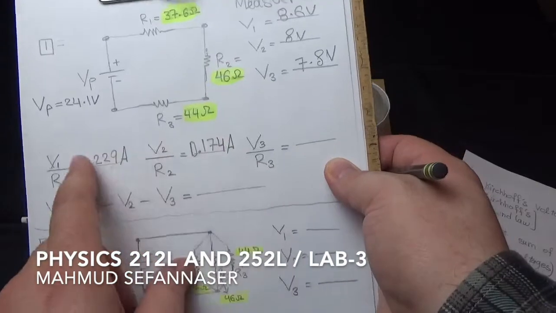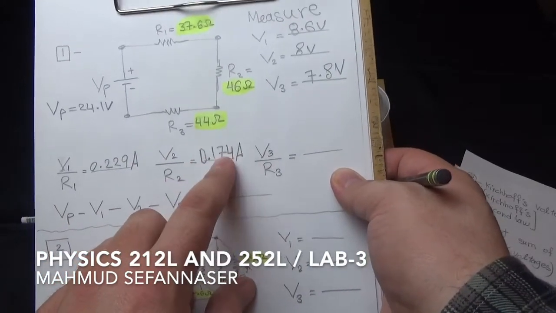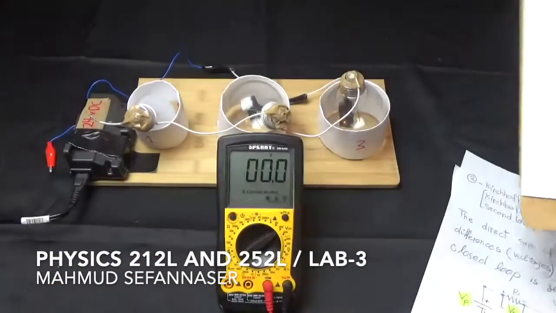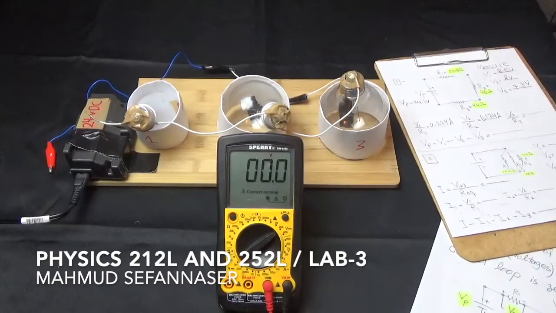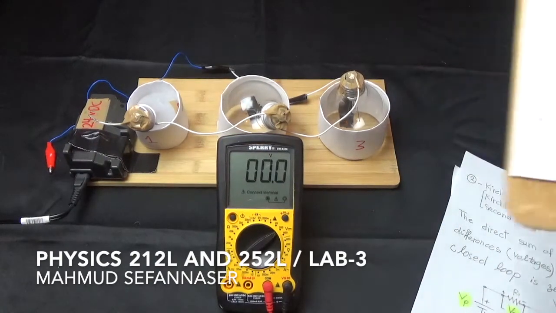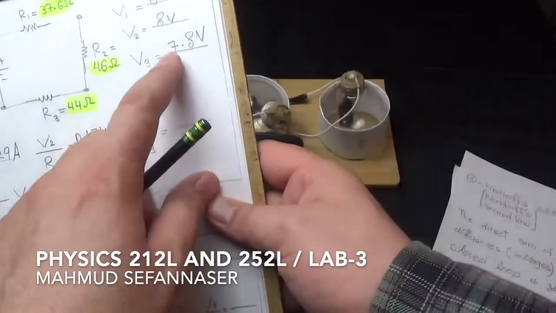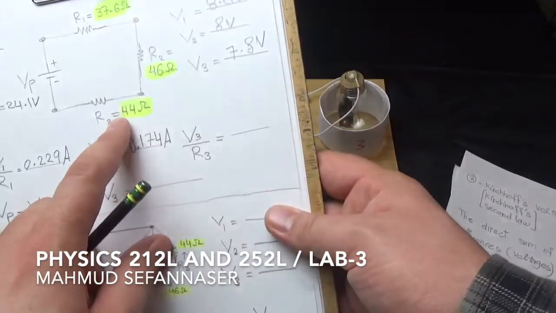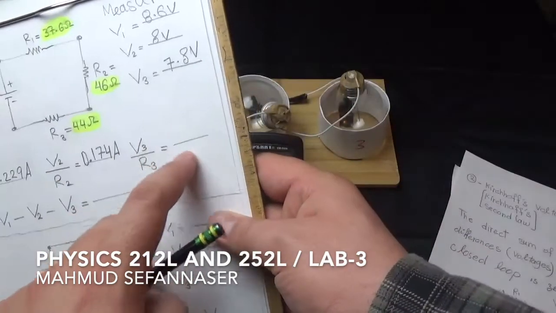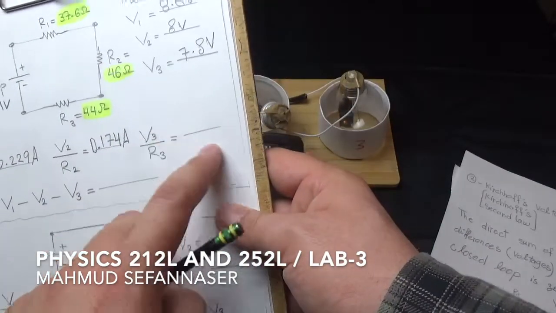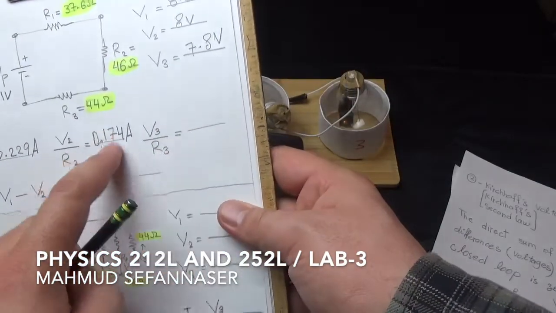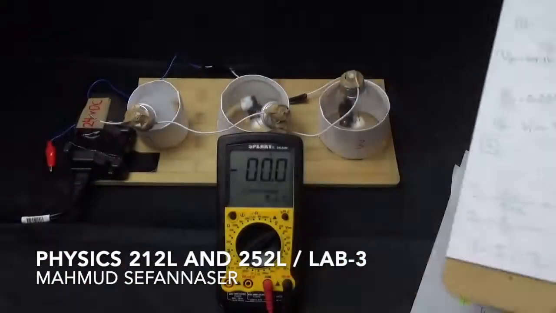So that's totally fine, even if there is a small difference. Now, what we are going to do, guys, we are going to divide 7.8 by 44 to get the current here, and we will see if we have the same value.